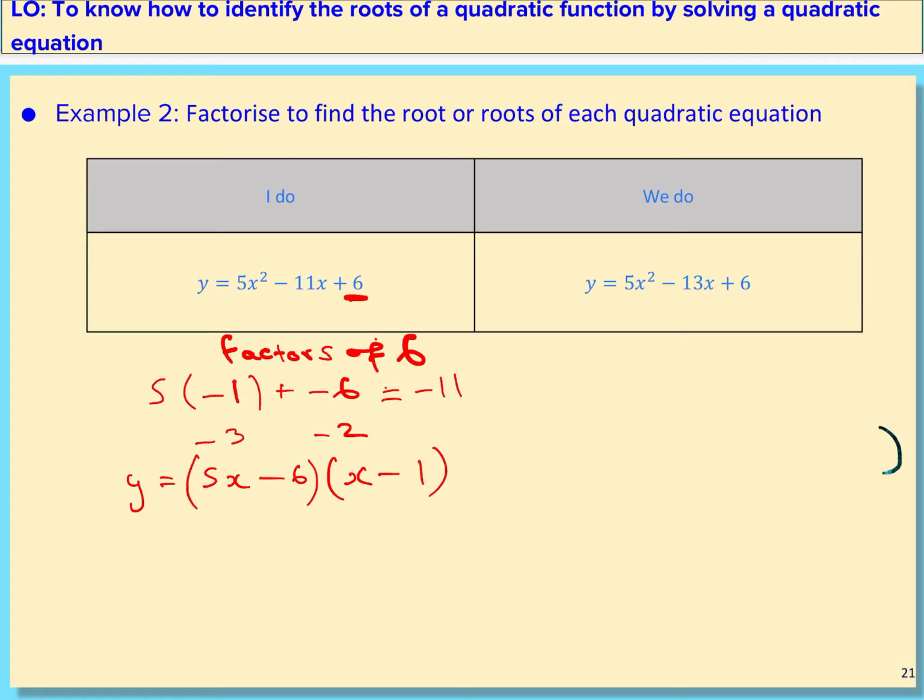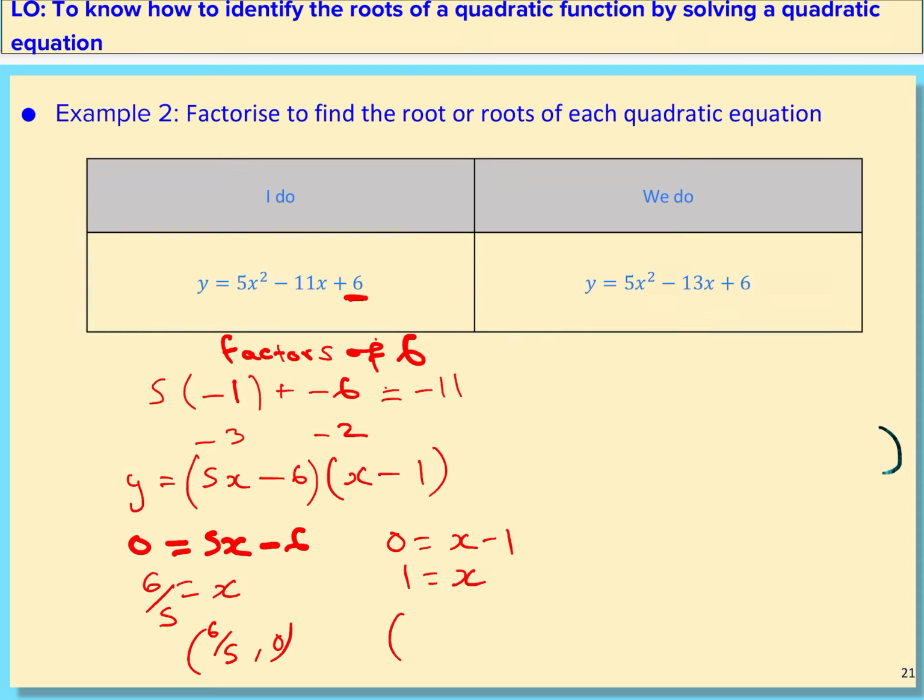So y equals (5x - 6)(x - 1). Again, we can multiply it out just to check if our answer is right, but we're not going to do that this time round. Let's find out what the roots are from this.